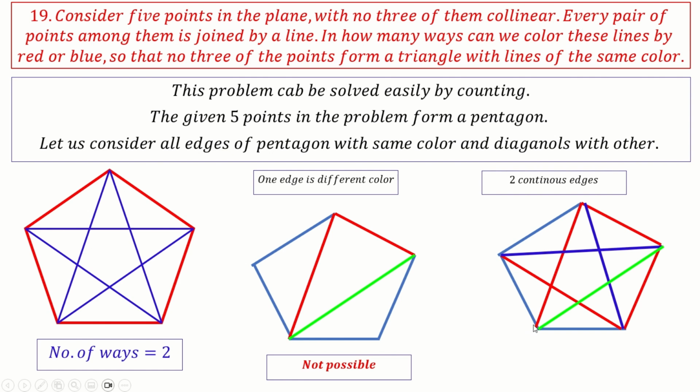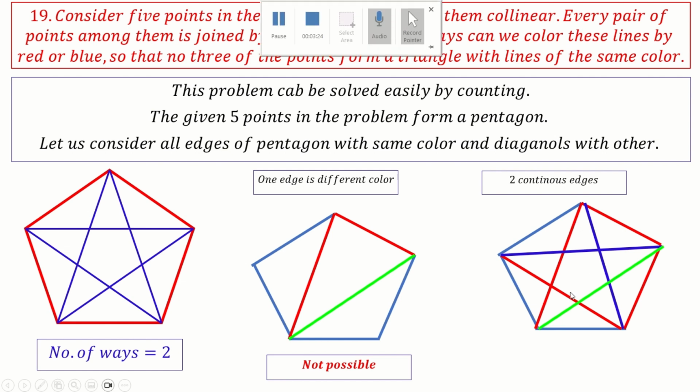We cannot tell, because there are two blue here with which it forms a triangle, and two red here with which it forms another triangle. So it cannot be blue and it cannot be red. So this is also not a possible combination. When two continuous edges are in the same color, the opposite colors are also not possible, and in any orientation nothing is possible.